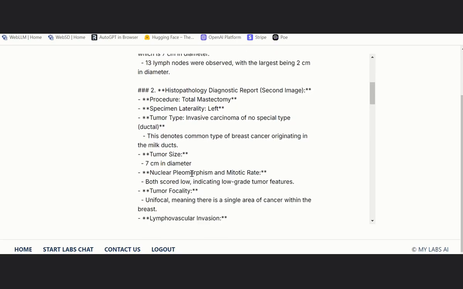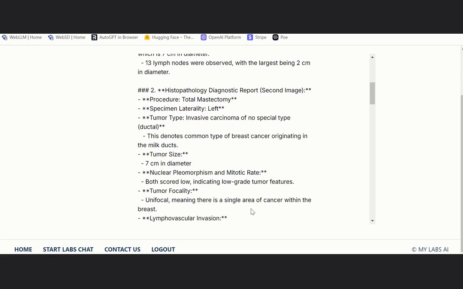The tumor size, the breast cancer tumor size, was 7 cm in diameter. All right. Nuclear pleomorphism and mitotic rate both scored low, indicating low-grade tumor features. Tumor focality, unifocal, meaning there is a single area of cancer within the breast. Right?